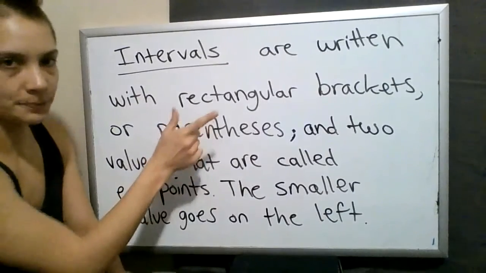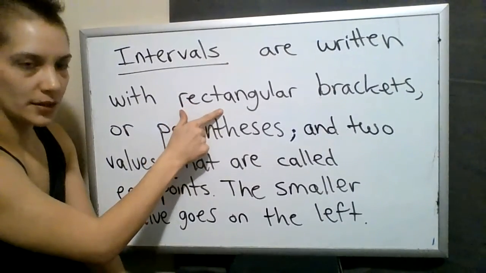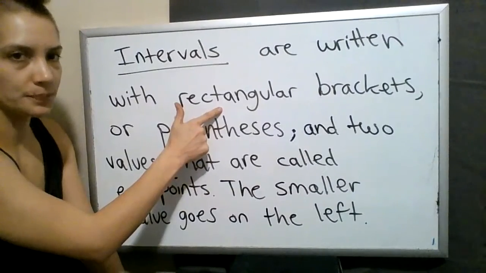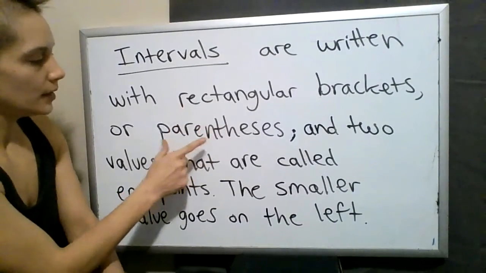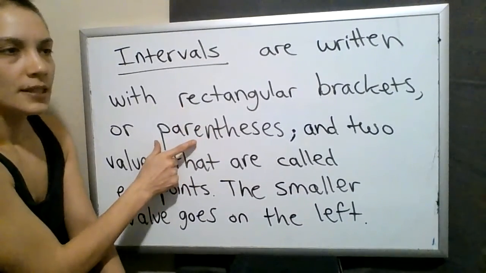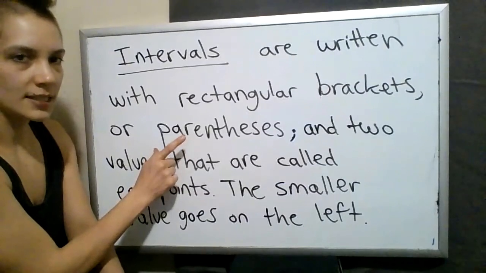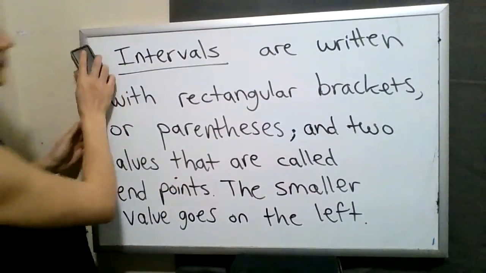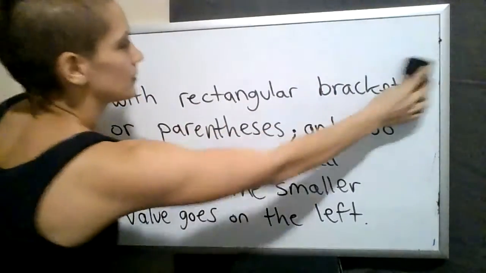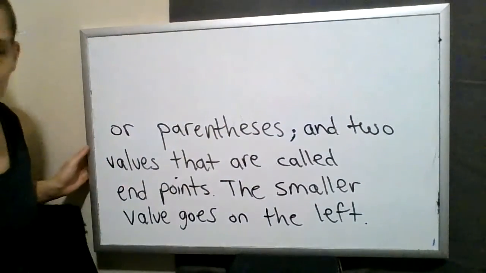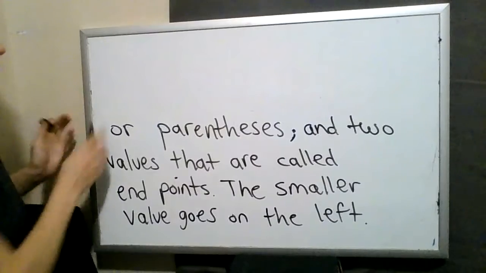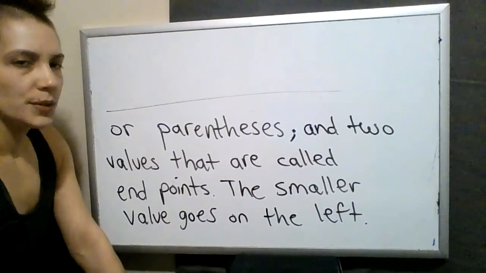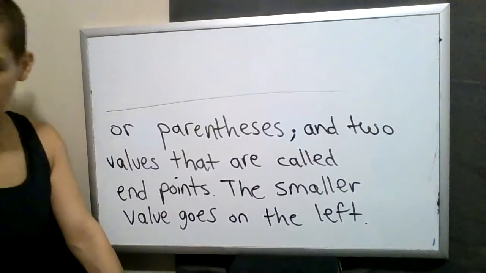So we're going to write down that the rectangular brackets are for the less than or equal to and the greater than or equal to symbol. Parentheses are for the strict inequalities, strictly less than or strictly greater than.